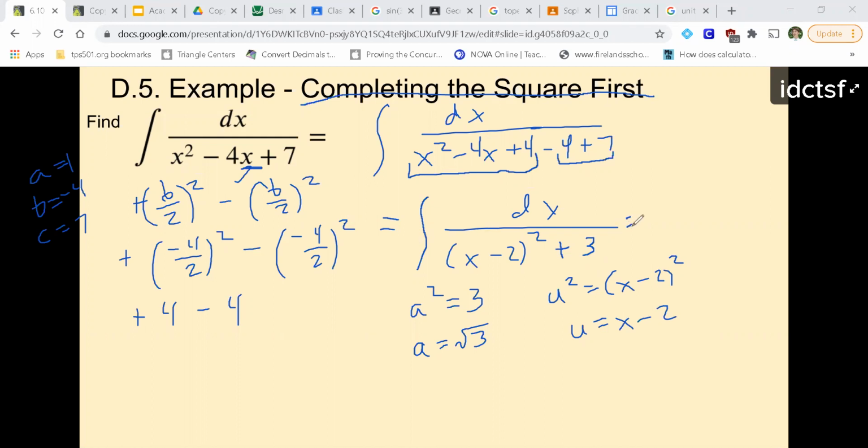And so this can integrate using our arctan formula of 1 over a, the square root of 3, times the arctan of u over a, x minus 2 over the square root of 3, plus c. Okay?